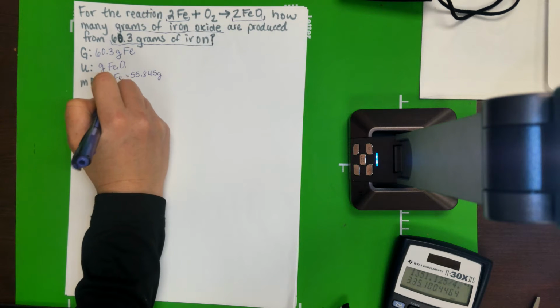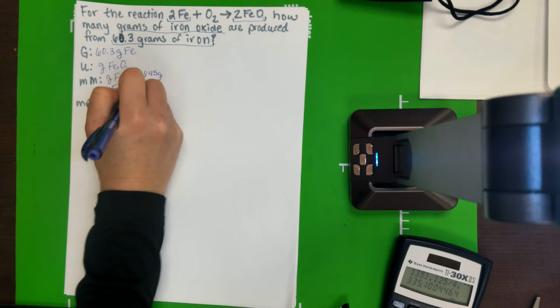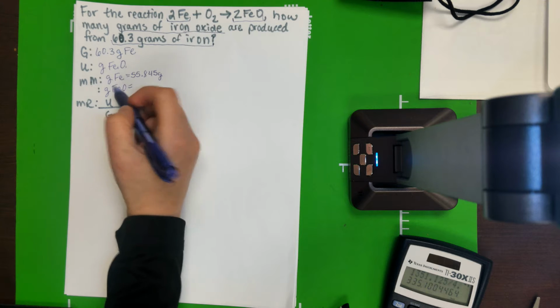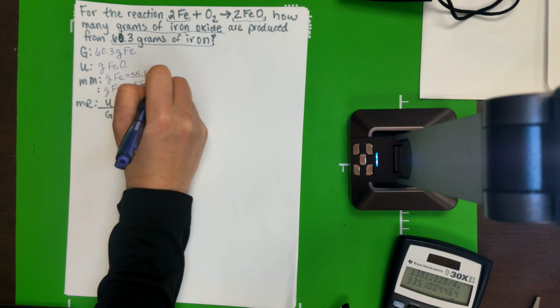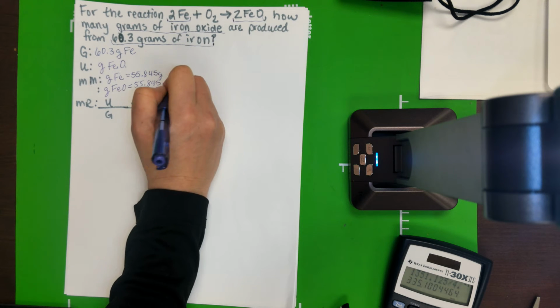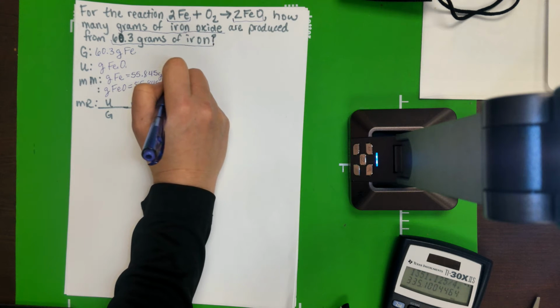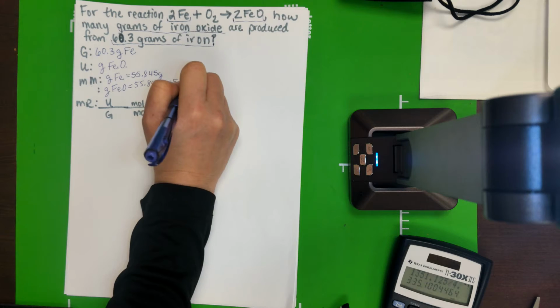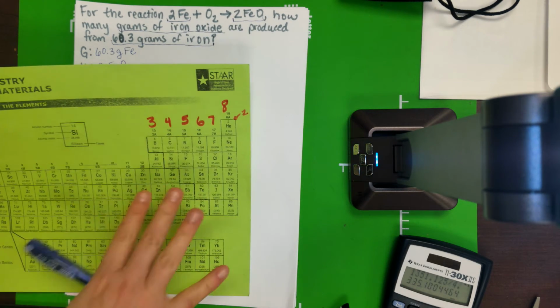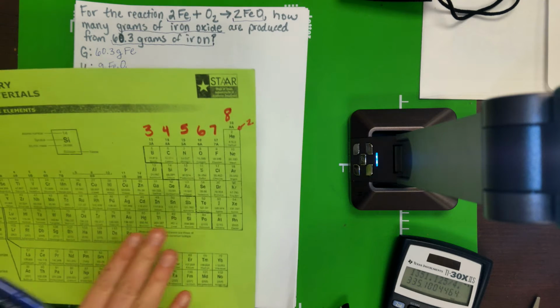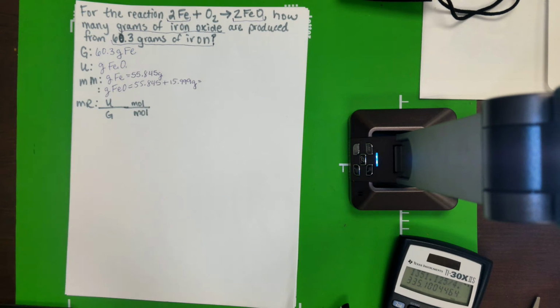But iron oxide has one iron and one oxygen, so we're going to have to get the molar mass of iron oxide. The iron would be the same, 55.845, and then we just add the oxygen, which is 15.999 grams. Again, you just need to look for it in the periodic table. I did give you a link to it with a calculator.